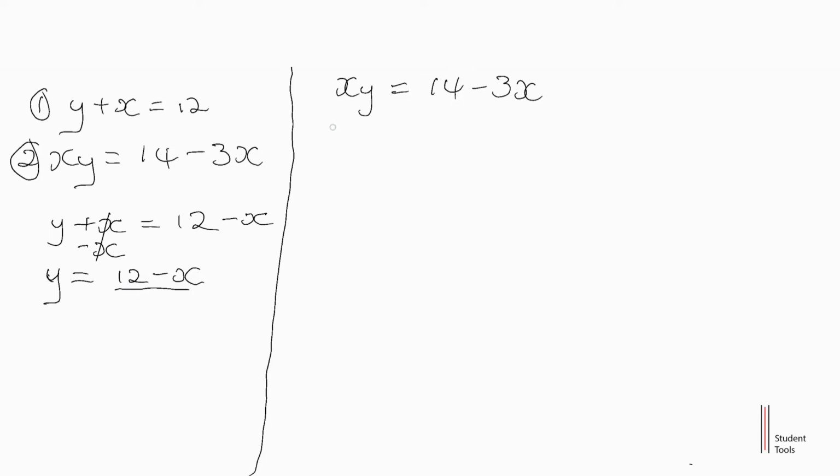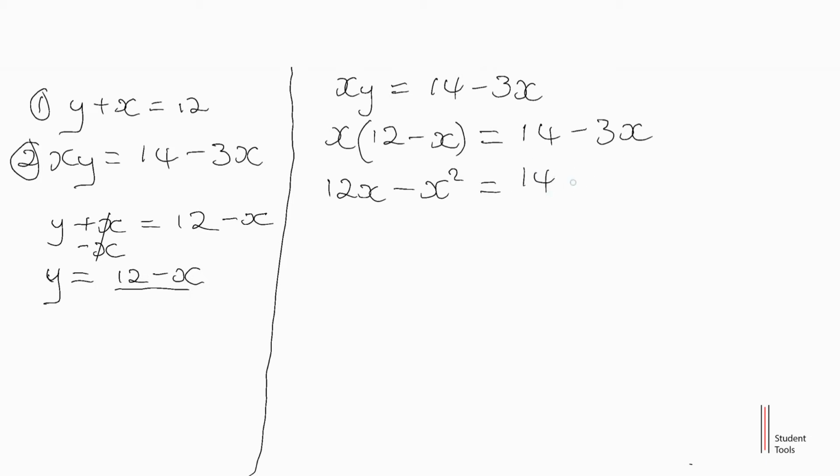So we have x times 12 minus x equal to 14 minus 3x. So x multiplied by 12, that is 12x. X multiplied by minus x, that is minus x squared, equal to 14 minus 3x.